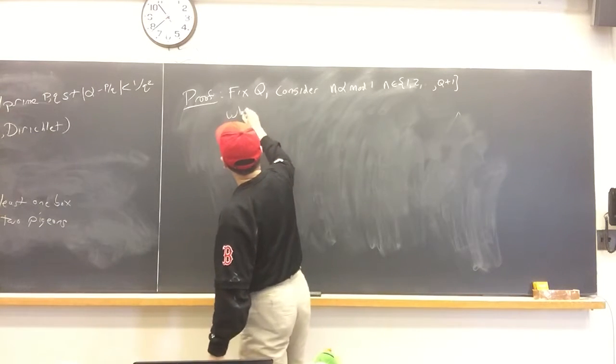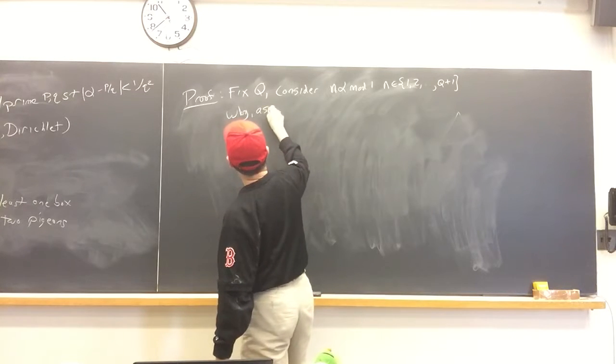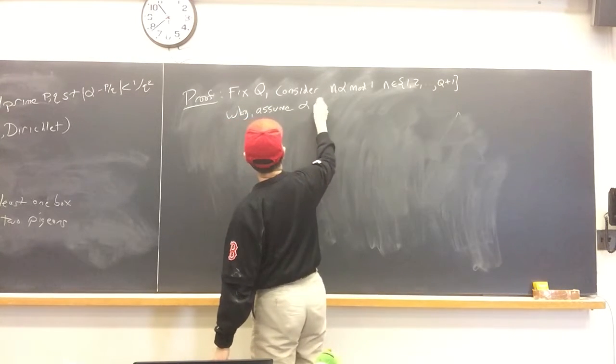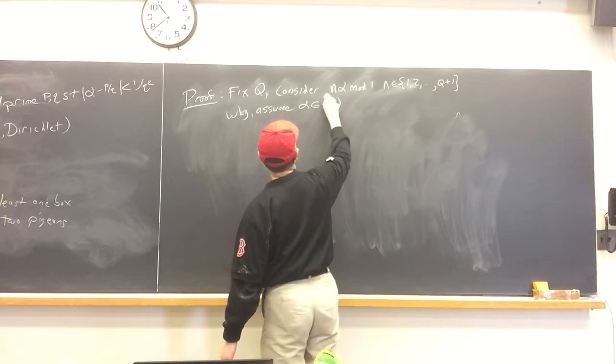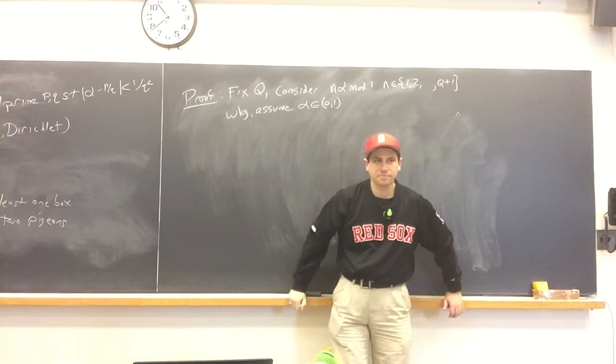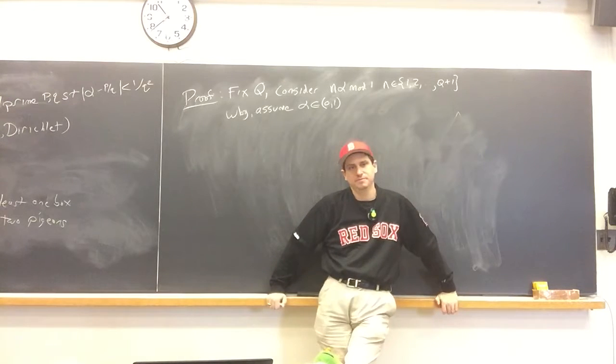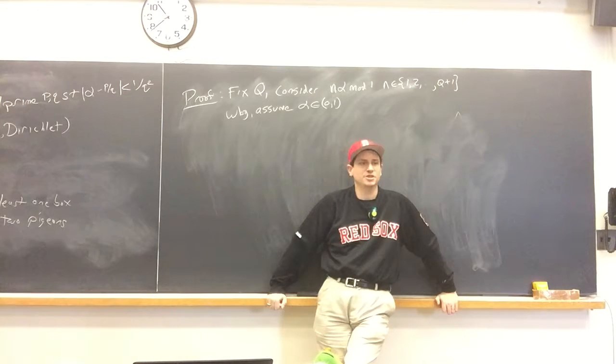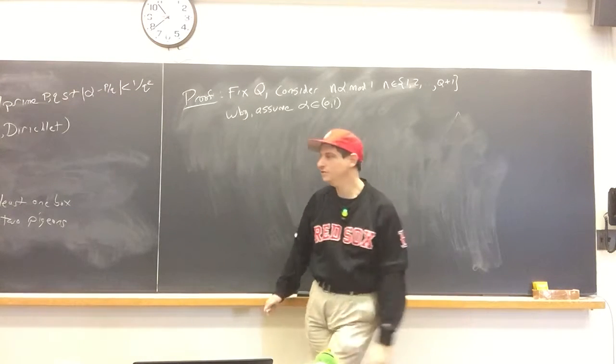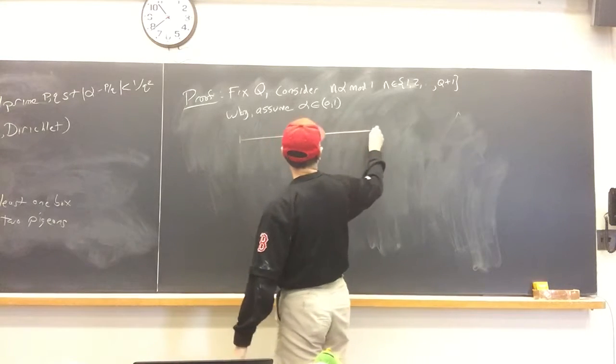Let's see, and without loss of generality, we might as well assume alpha is in the interval 0, 1, because otherwise I just subtract off an integer from it, and that's not going to affect the quality of the approximations. So I've got Q plus 1 objects, and I've got to figure out what I want my boxes to be.